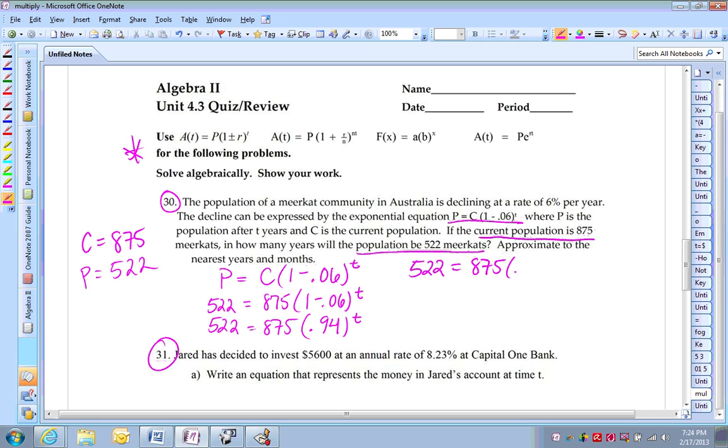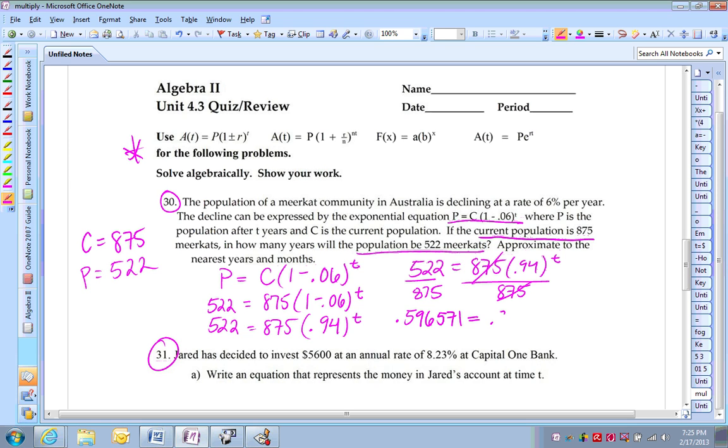I'm going to have to take my equation and divide both sides by 875. And 522 divided by 875 is 0.596571.